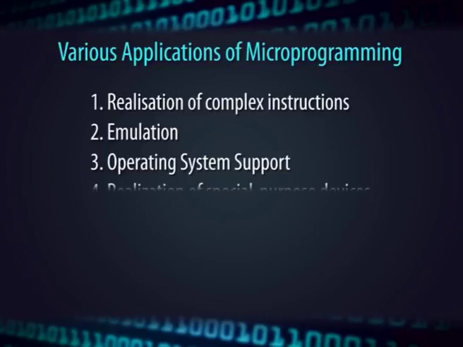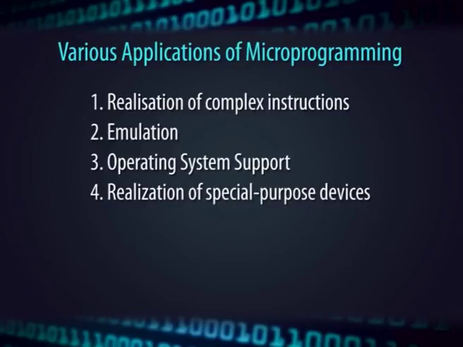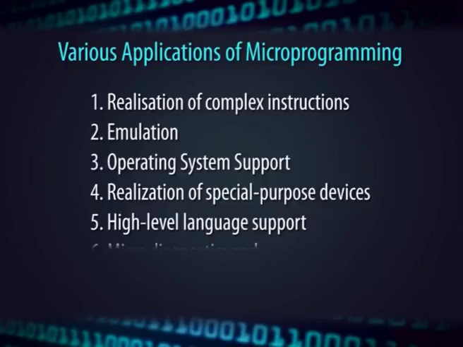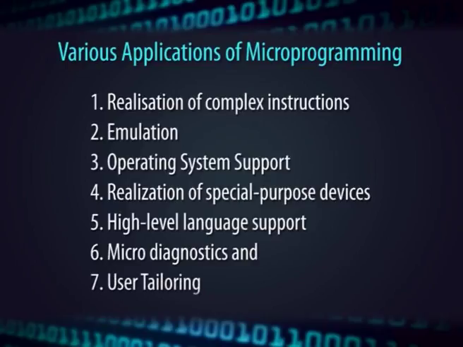The fourth application of microprogramming was the realization of special purpose devices. The fifth application was high level language support. Sixth was micro diagnostics, and seventh was user tailoring. As we have seen earlier, a control unit can be designed with the help of microprogramming.